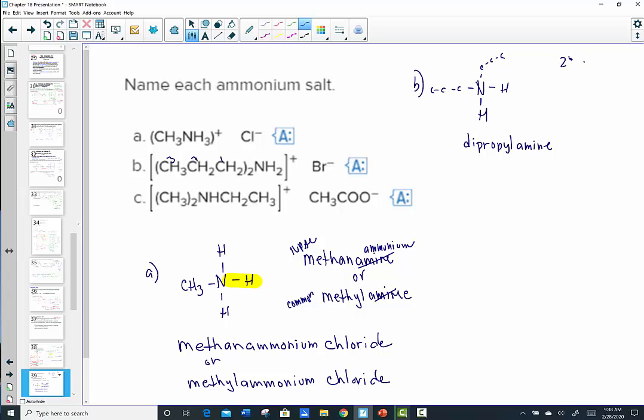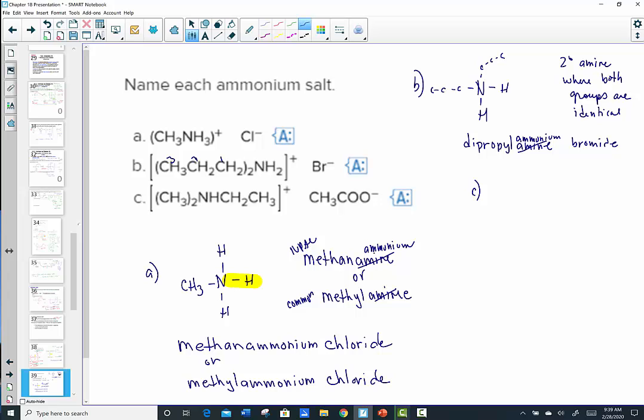A secondary amine where both groups are identical. And that means the IUPAC name is dipropylamine. Now, to name it as the ion, we take off amine and we put ammonium. And then just name the last negative ion as bromide. That becomes dipropylammonium bromide.